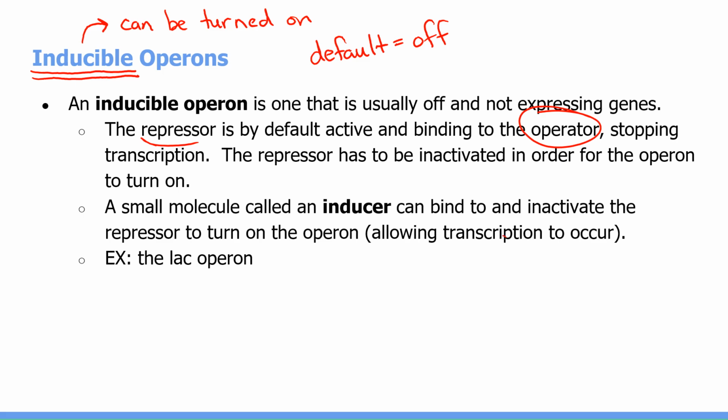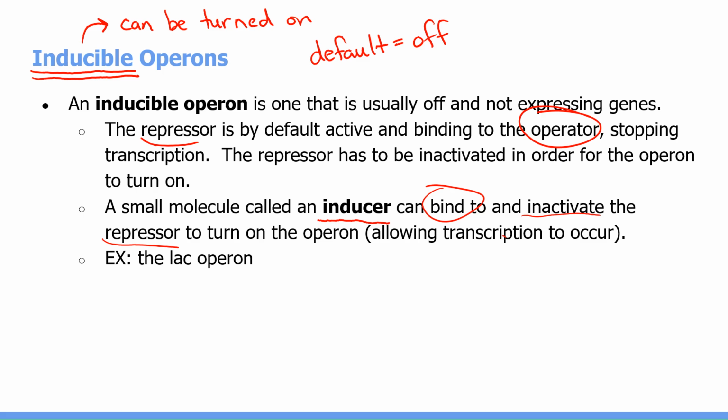Well, a molecule in the environment that's considered to be the inducer binds to the repressor, thus inactivating it. And then when the repressor is inactivated, the repressor is taken off of the operator, and RNA polymerase can then transcribe the genes.